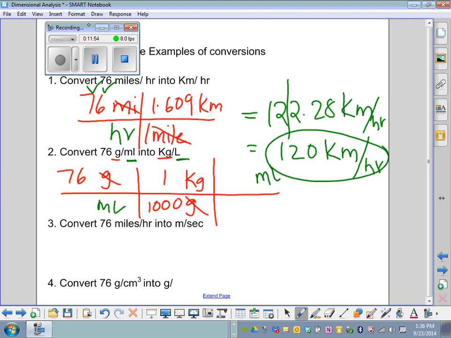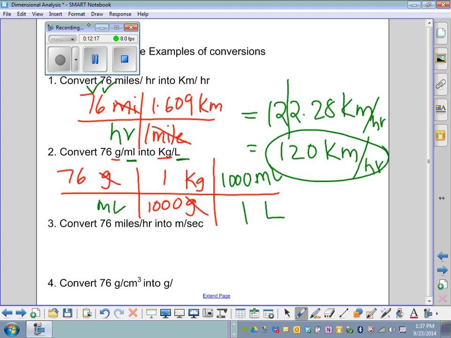Is that right? If I now need to cancel milliliters, where will milliliters go? To the top. And I need to convert to liters. I will write liters in the bottom. Is that clear? Now, if you're going from milli to a liter, liter gets 1 and it's 1,000.